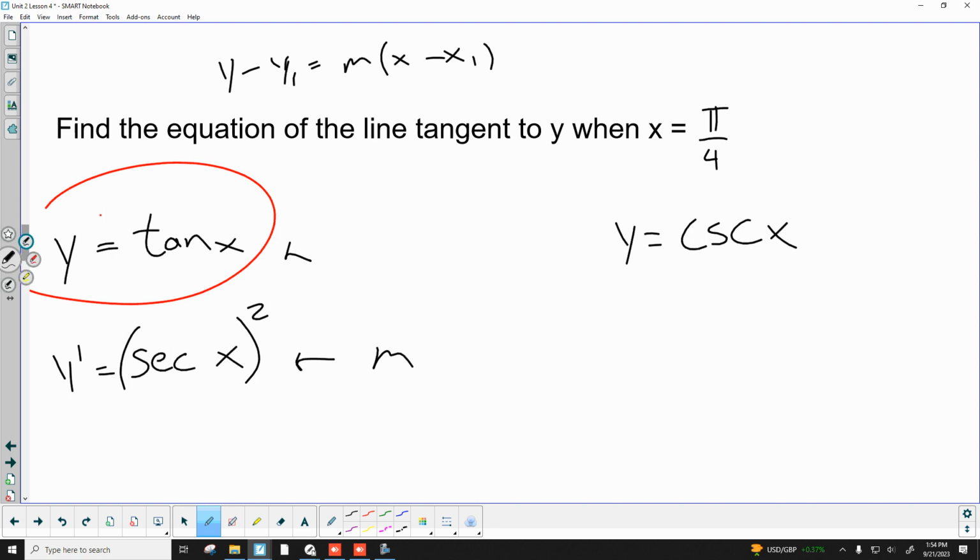You have to practice doing this. This is something I could have asked you in unit 0. What is the secant of pi over 4 squared? Close. No, trying is key. If you don't try, you'll never know if you can or cannot do it.